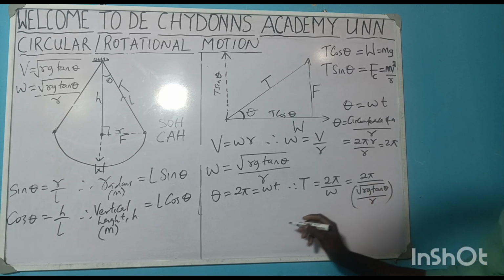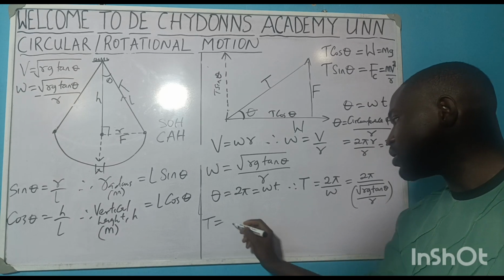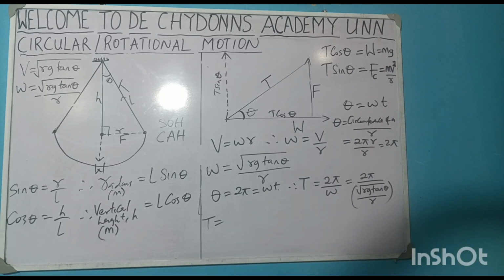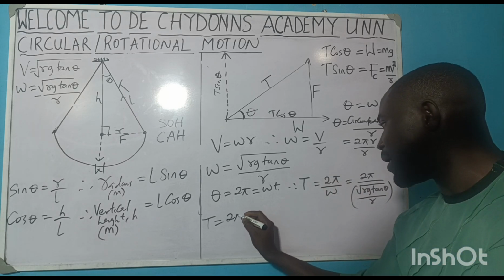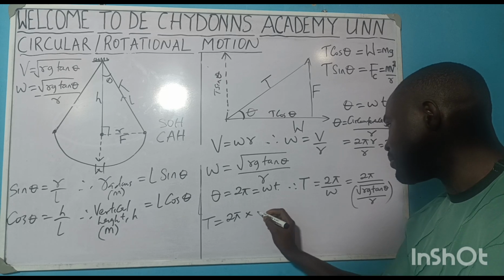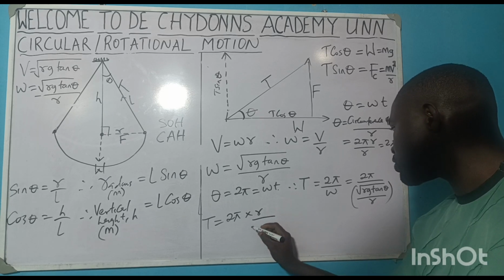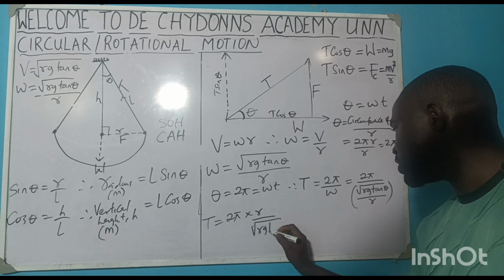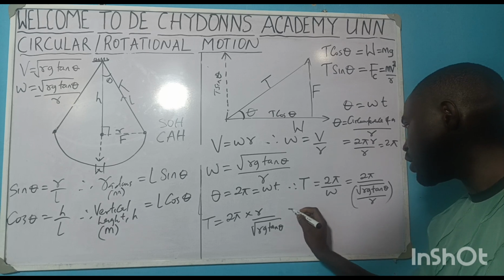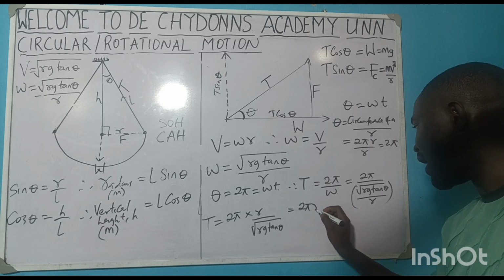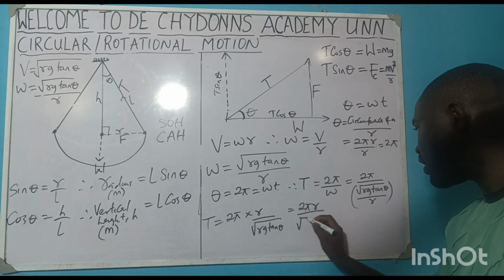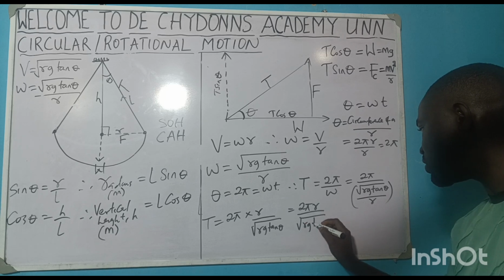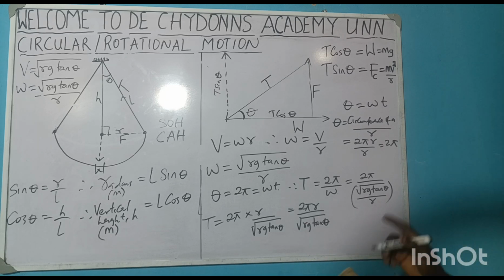So simplifying this, the period will be equal to 2 pi times r all over square root of rg tan theta.